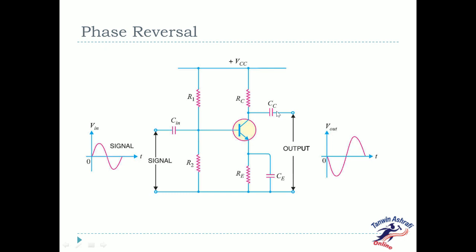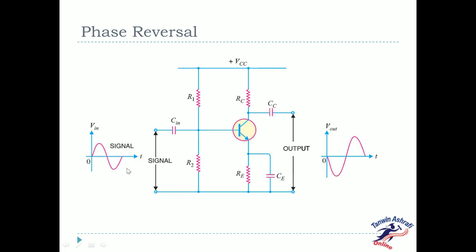In other words, as the signal voltage increases in the positive cycle, the output voltage increases in the negative sense. The output is 180 degrees out of phase with the input.